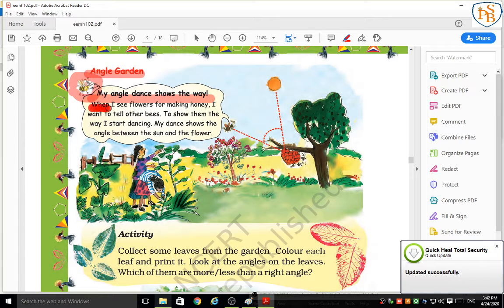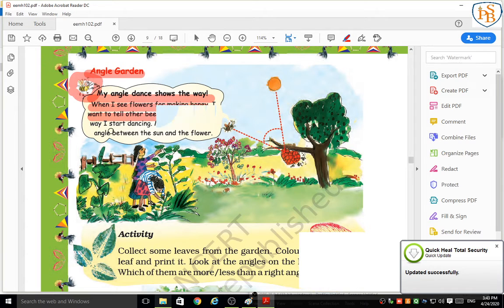Let's start. When I see flowers for making honey, I want to tell other bees. I want to make honey here, na? So I want to call or tell other bees.